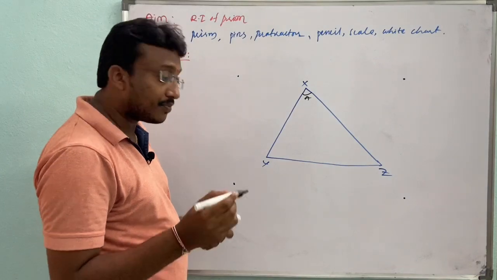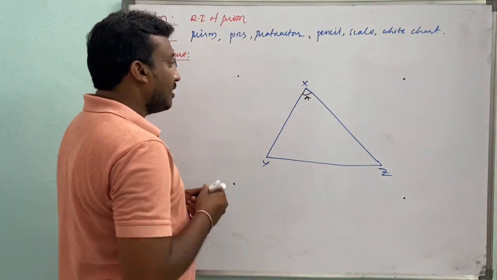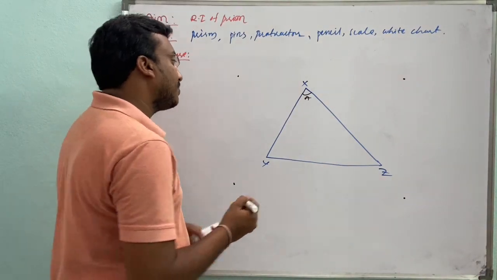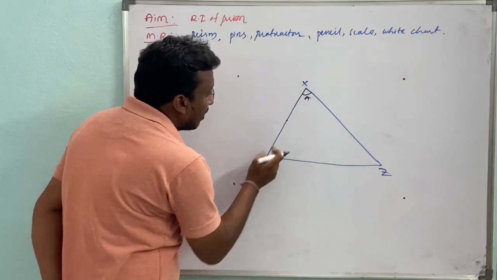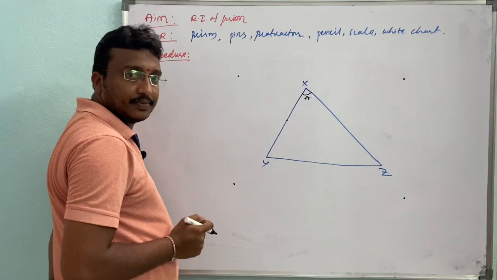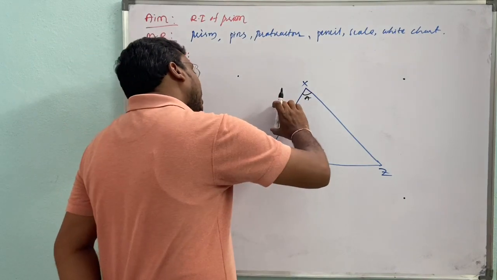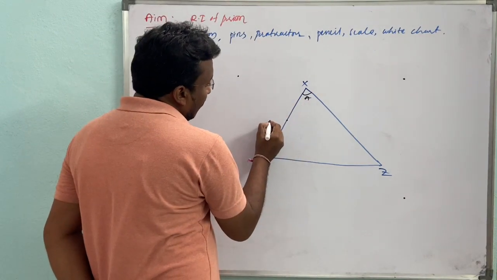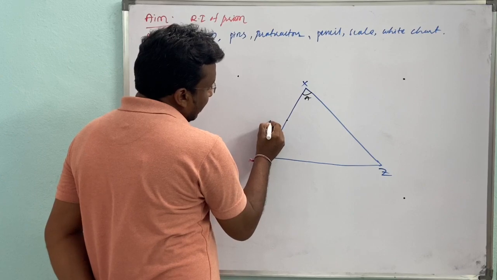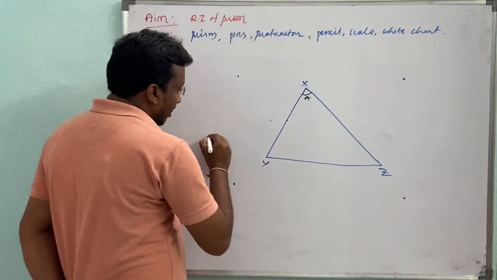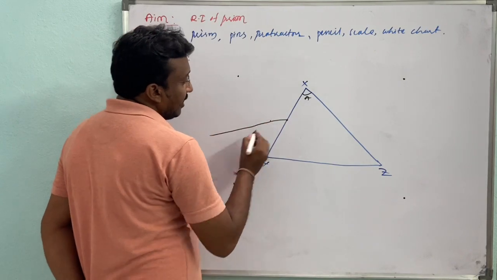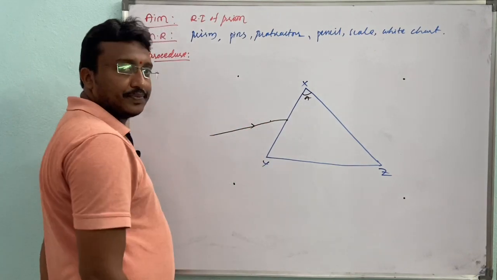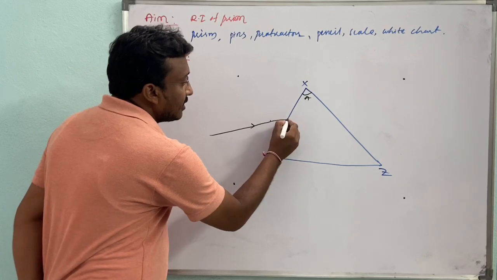Got it? And take a protractor. First of all, identify one point on plane XY. Right, got it. And keep the protractor and identify 30 degrees. With the help of the scale, draw the 30 degrees line at the point of incidence.